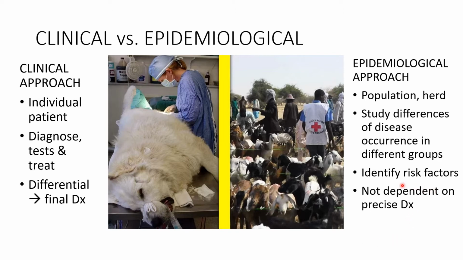So, precise diagnosis can be done in tandem with our control and elimination efforts. So I hope that the difference between clinical and epidemiological approach has been defined clearly to you at this point.